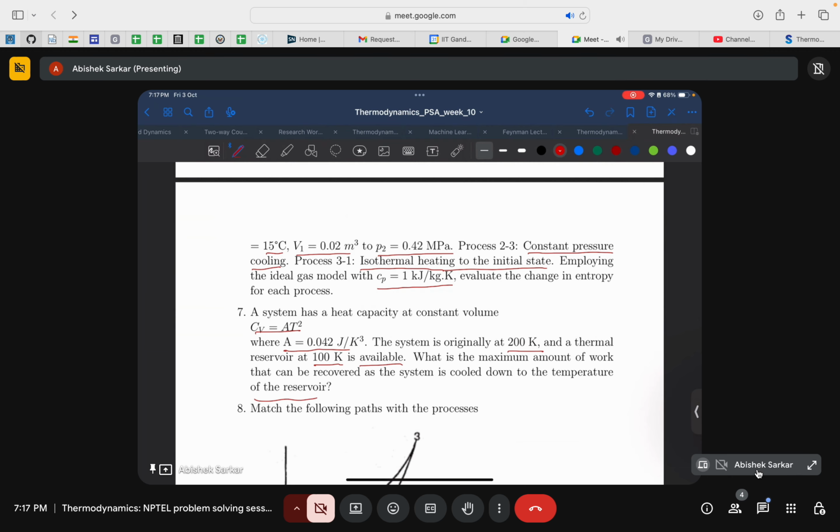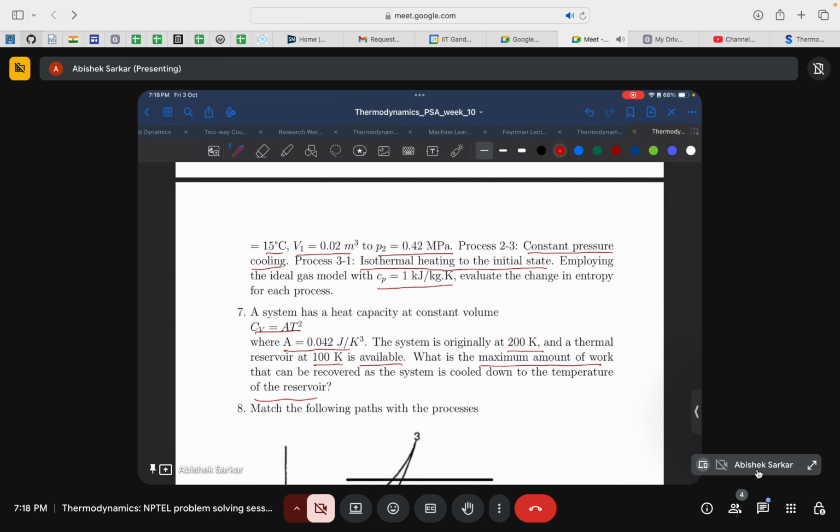After some time, for the sake of saving time, I think I have to directly look into the solution. We need to find the maximum amount of work that can be obtained when the system is cooled from 200 Kelvin to 100 Kelvin.